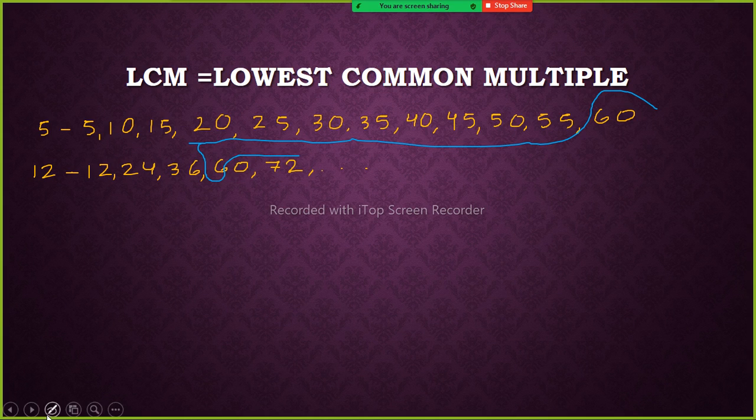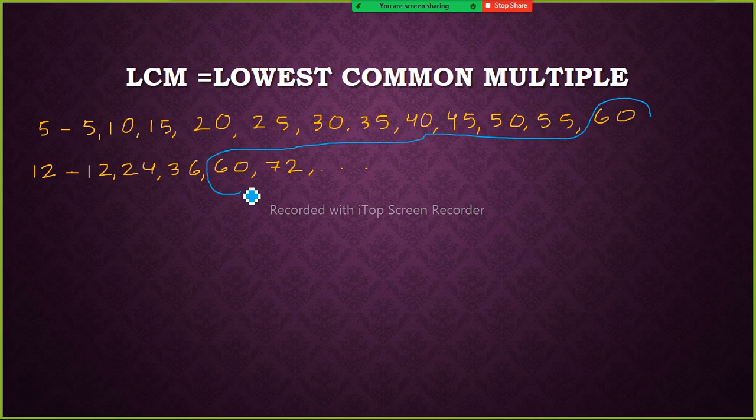My apologies, let me do it properly. So this right there, and this, and this. Good. Therefore, the lowest common multiple of 5 and 12 is 60.